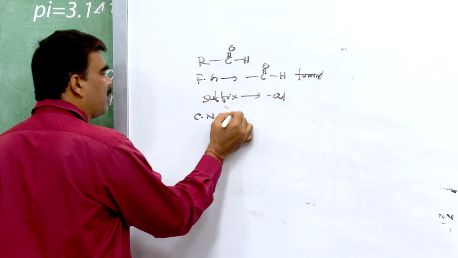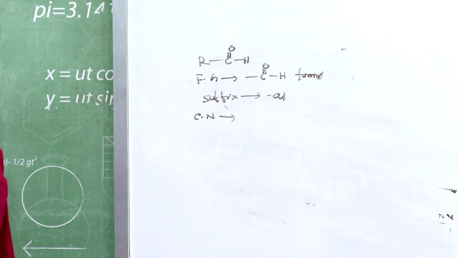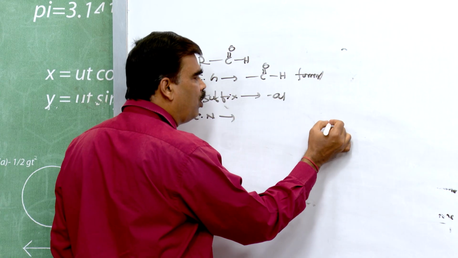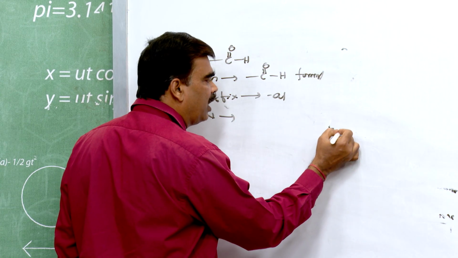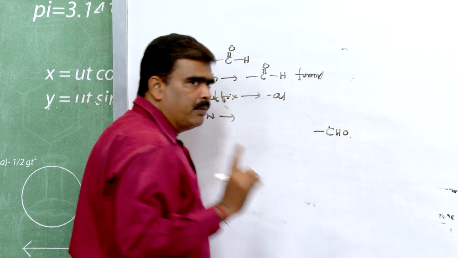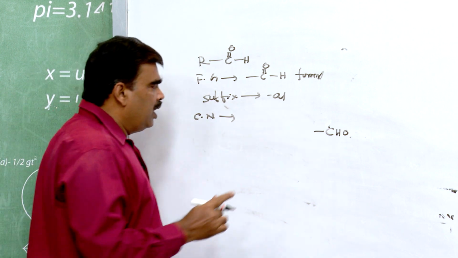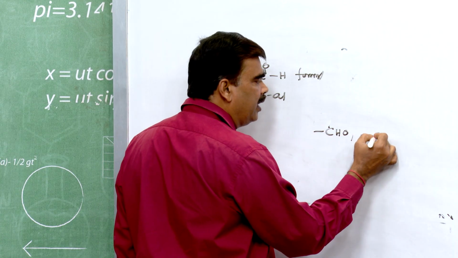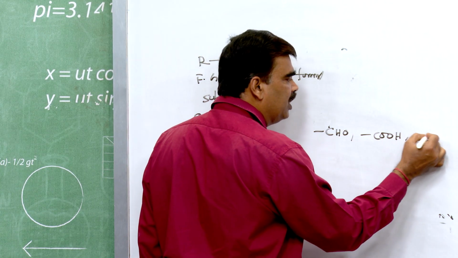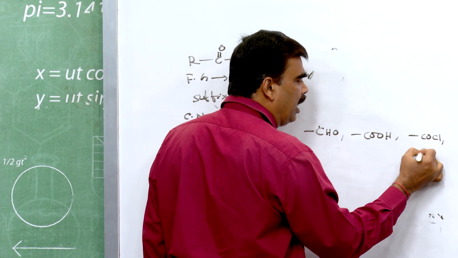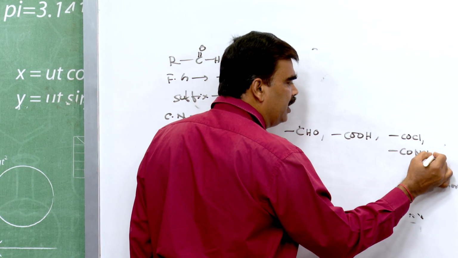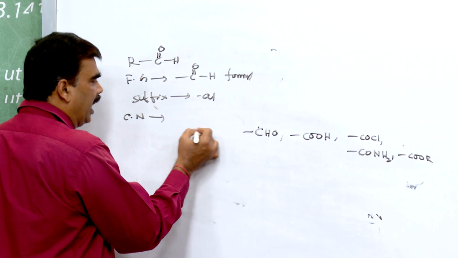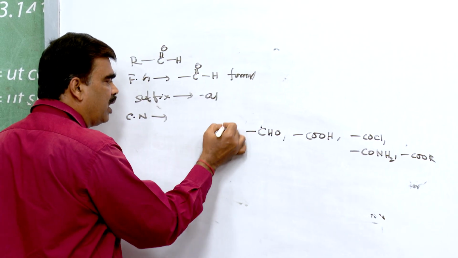Common name, remember, I am going to teach you a trick. Okay? If any functional group that contains carbon like aldehyde, remember this trick, very important. If any functional group that contains carbon like aldehyde, acid chloride, amide, ester, etc., then when hydrogen is bonded, hydrogen can be bonded here.